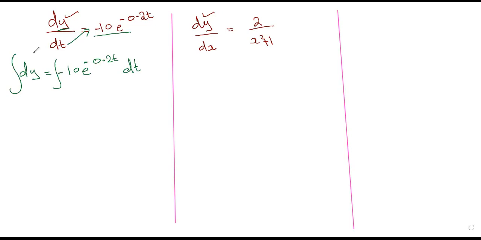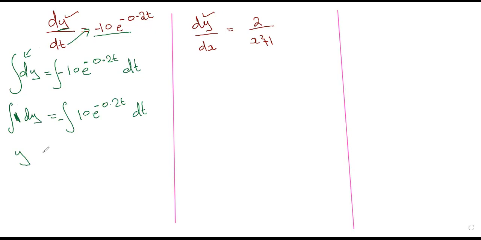Now what do we get here? We have integral of 1 dy equals integration of minus 10 e to the minus 0.2t dt. Aren't we going to get y for this expression? Because when we integrate 1 with respect to y, we get y, right? Okay, so the left side is clear.